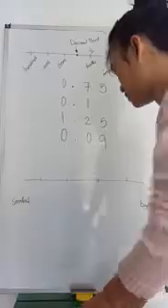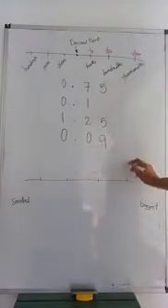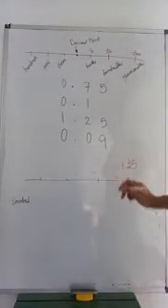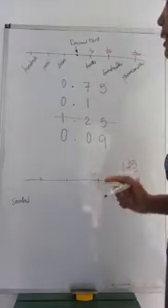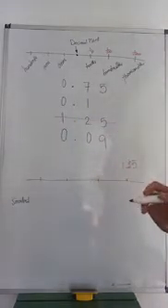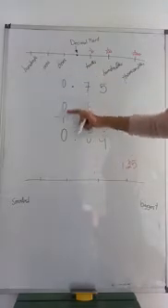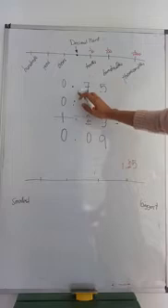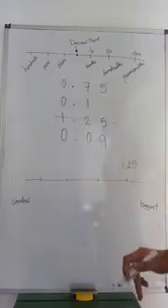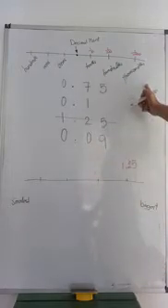Let me use a red pen. 1.25. Now we can cross that out. We have 3 remaining numbers. Since all of them have 0 whole number, or there's no whole number, we check the numbers after the decimal point, the tenths, hundredths, and thousandths.